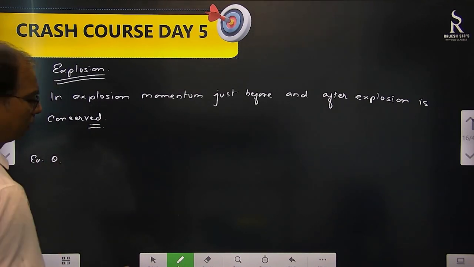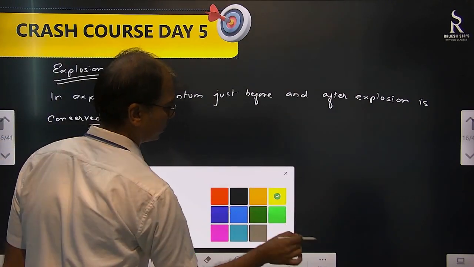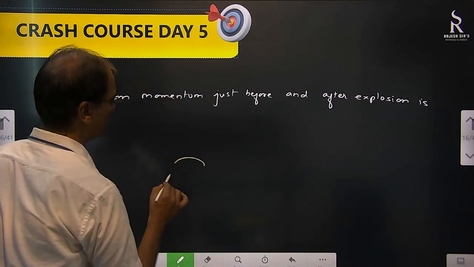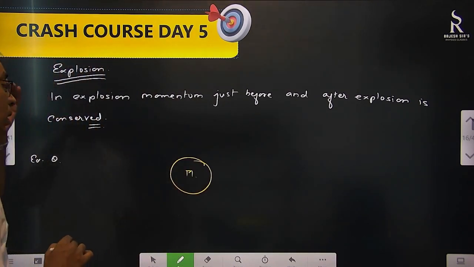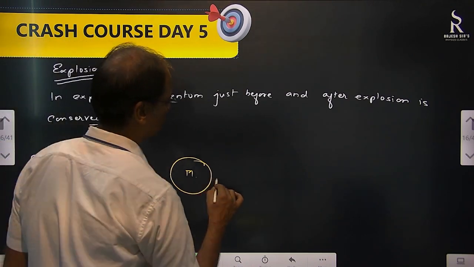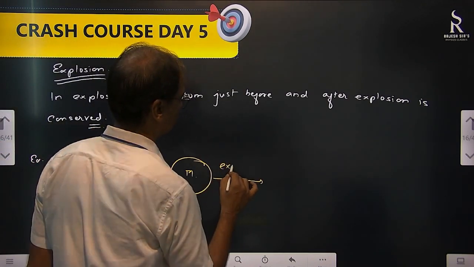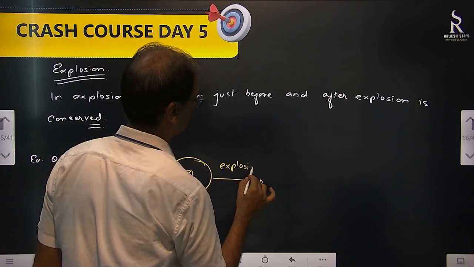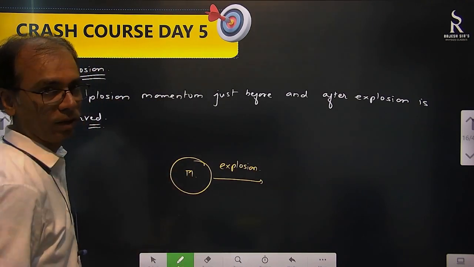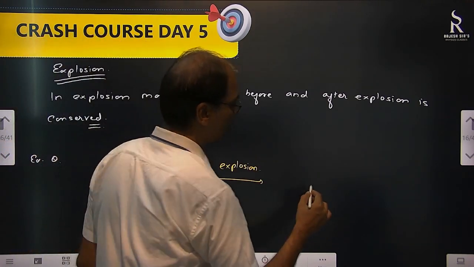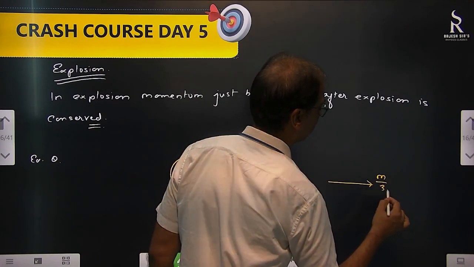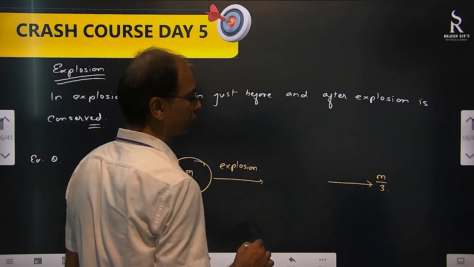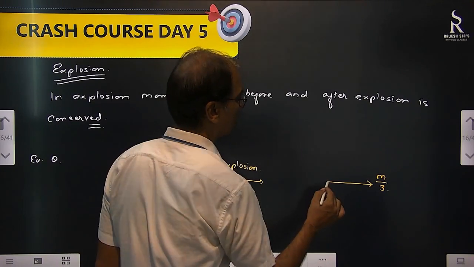Suppose one particle is at rest. Suppose this is our bomb, mass is m. It is at rest and now it's going to explode. Now let's assume that 3 particles came out of that. One particle of mass m by 3, all equal, is going like this. One more m by 3 is going in this way.